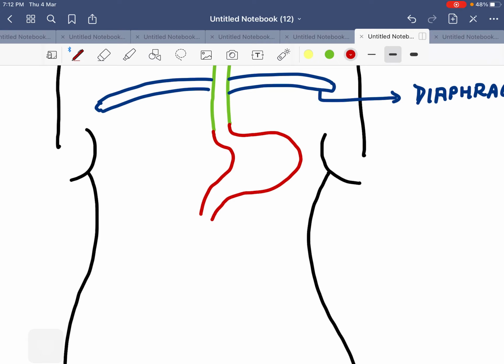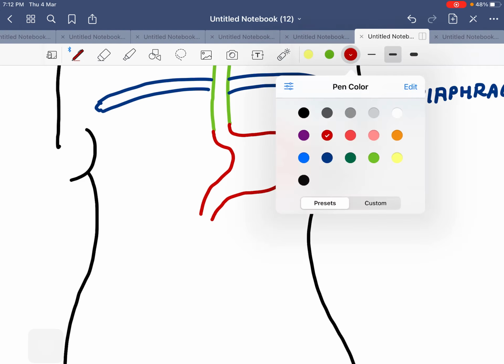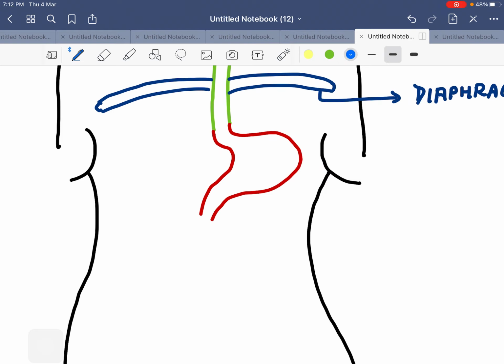Now right next to the stomach there is present our, I will change the color so that you should not get confused about this. So here, as you can see, I am drawing liver. I am drawing here liver. Okay. So I will make it a little more broad. So here, as you can see, this is our liver.